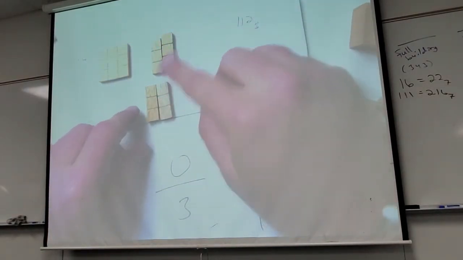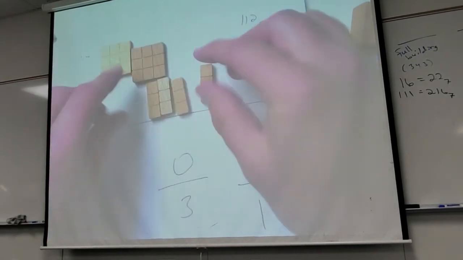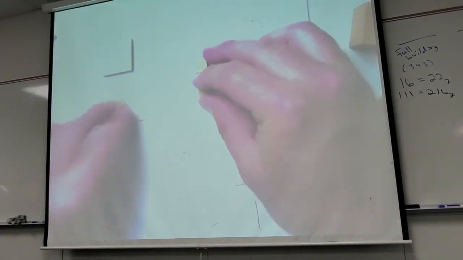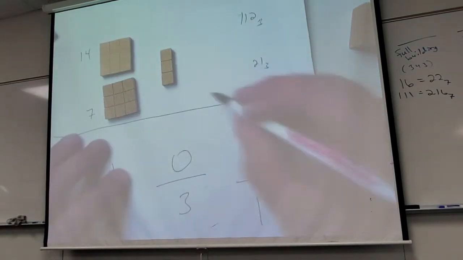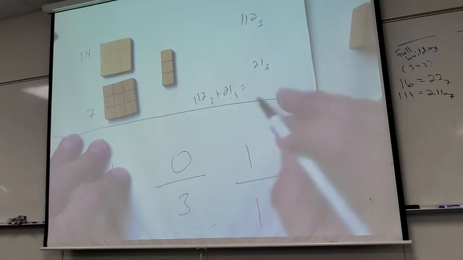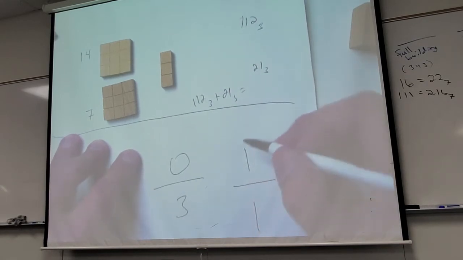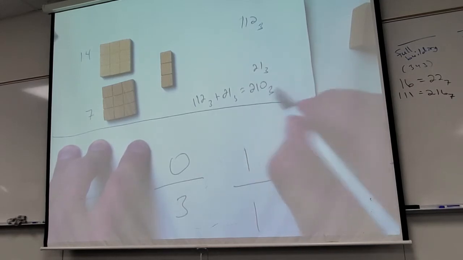Make a flat. Yeah, change that out for a flat. Move them over there. So can somebody tell me now, what is 112 base 3 plus 21 base 3? 210 base 3. There you go. 210 base 3.